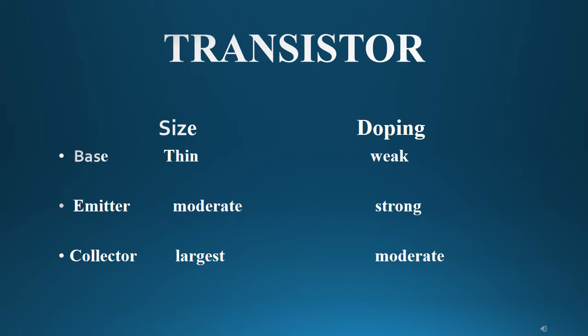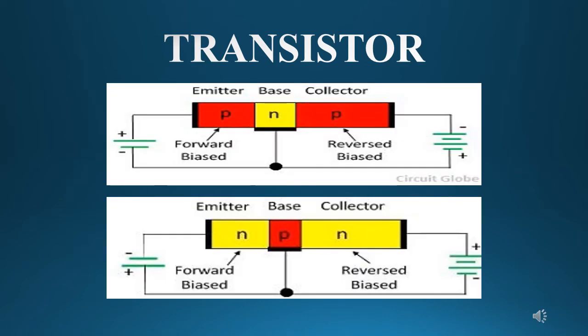So we call it moderate. But its doping is strong, so concentration is more. Then collector, size is largest, and doping is moderate, less than emitter, so remember all this. There are two types, one is PNP and another is NPN. So these are the classification of a transistor.